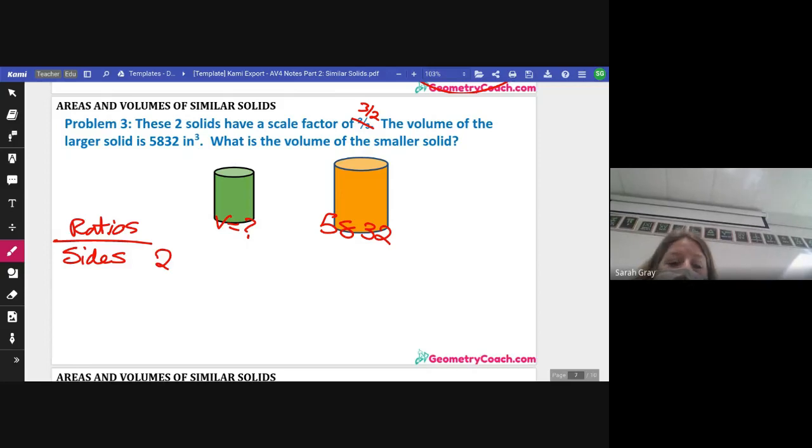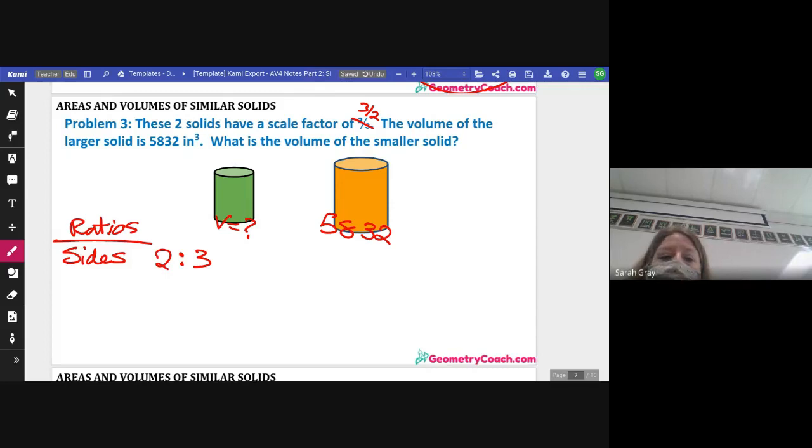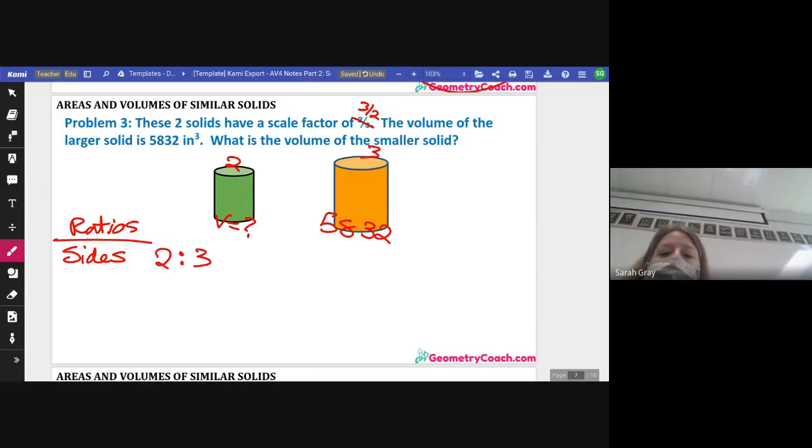Layton: 2/3. It's the same numbers that are in the scale factor, but it's in order of size. 2 goes with the little guy, 3 goes with the bigger guy. This might be like their radius.